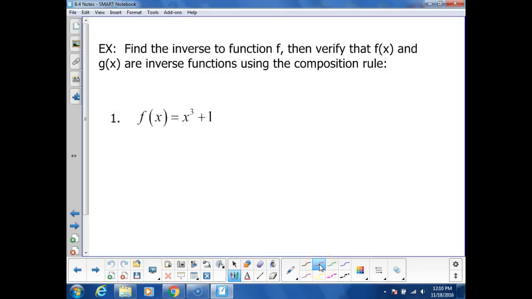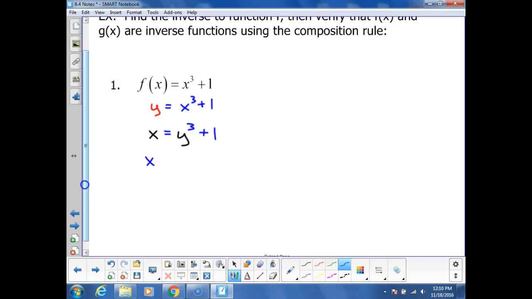Switch it to y. Then we flippity-floppity our x and our y. Then we solve for y. Subtract 1.